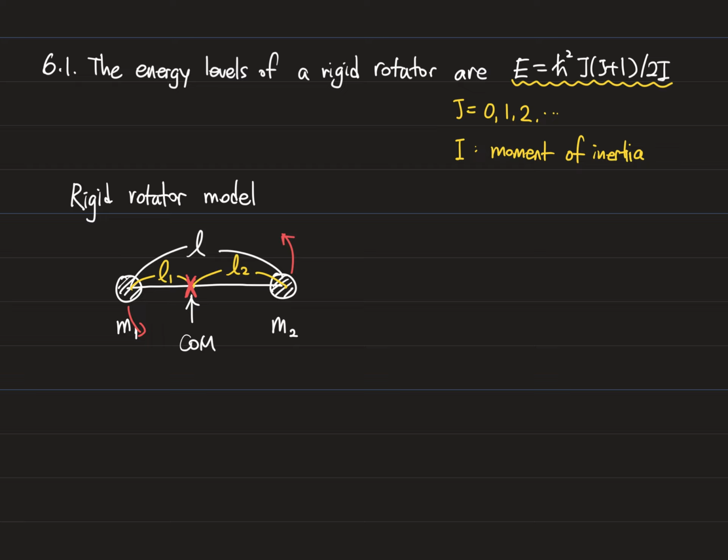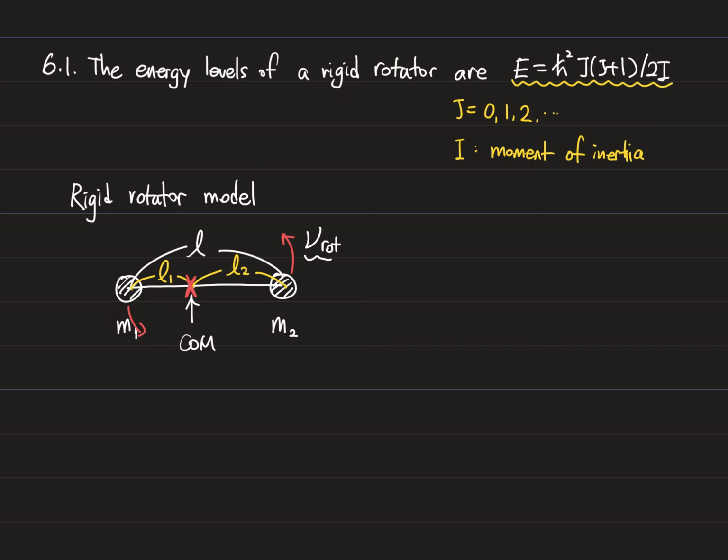Let's assume that this diatom molecule rotates about its center of mass at a frequency of nu rot. So this means this diatom molecule makes a rotation nu rot times per second, right? This means how many rotations this molecule makes in 1 second. So you can determine the velocity of these two masses.